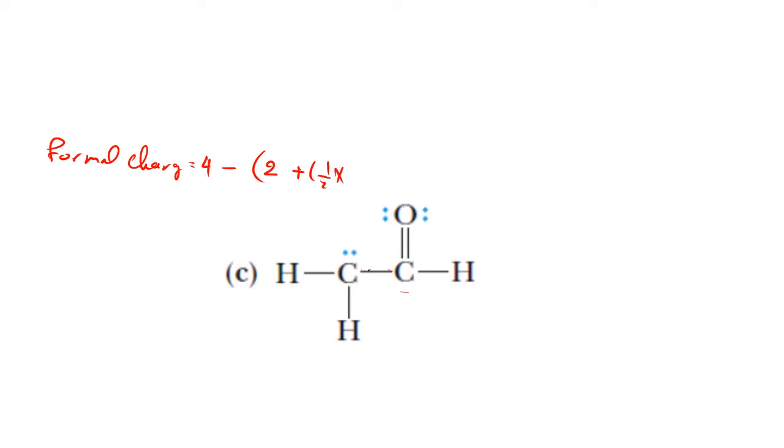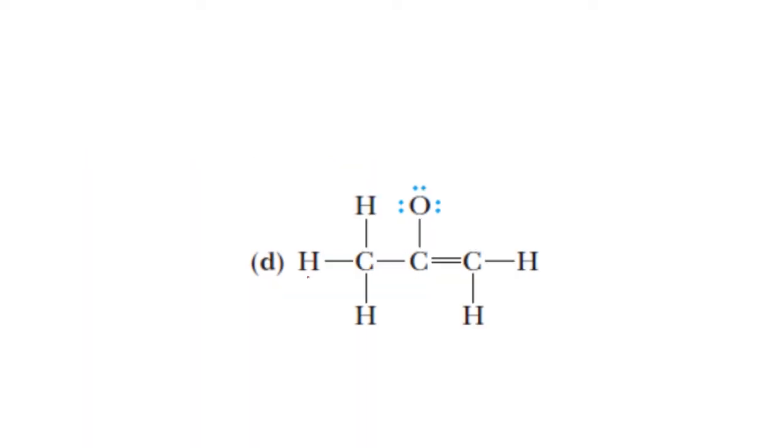Shared electrons are 1, 2, 3, 4, 5, 6. I have 6 shared electrons. This means I have minus 1. So I should write down minus over this carbon. So I have a minus 1 formal charge.